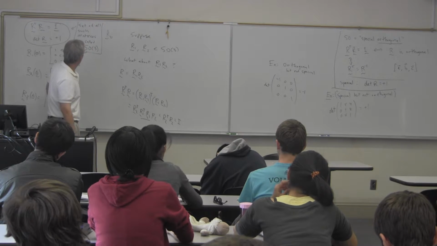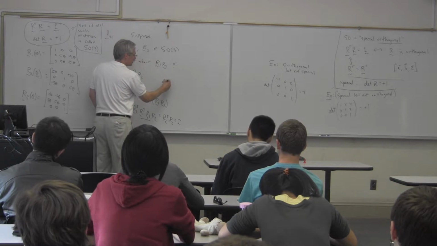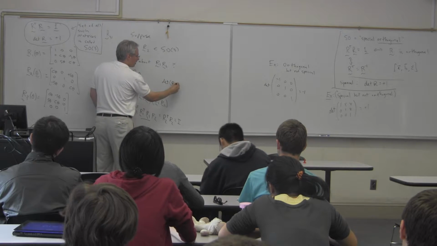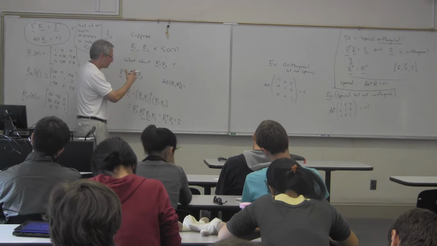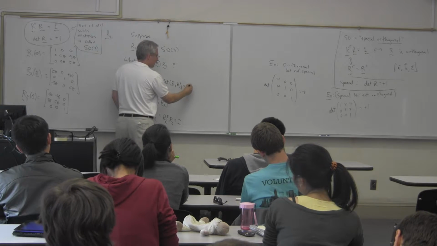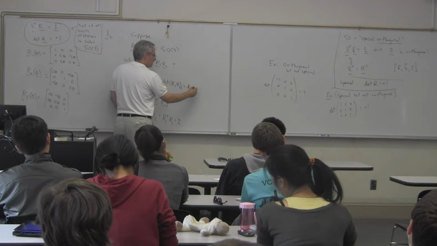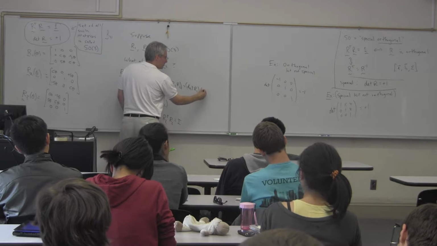Now, let's see if the determinant condition holds. The determinant of R1 R2: we have a product rule, a transpose rule and a determinant rule for matrices. The determinant rule says the determinant of the product of matrices is the product of the determinants.